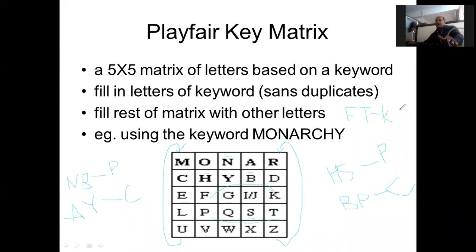For the P. KP. Means in that way we are able to perform the encryption process with the help of the Playfair cipher here. Okay. So this algorithm is very easy. You just need to remember the Playfair key matrix, and you need to remember these important 4 rules. So what are the different 4 rules here?